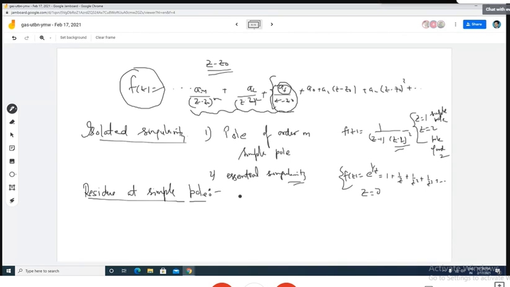So let us expand in powers of z minus z0 at simple pole.